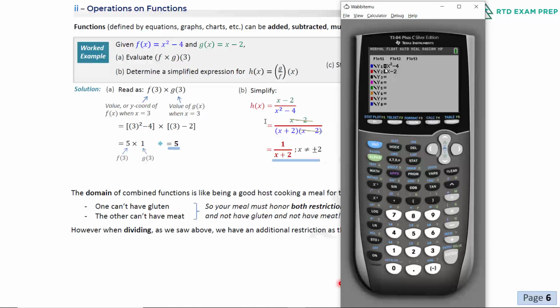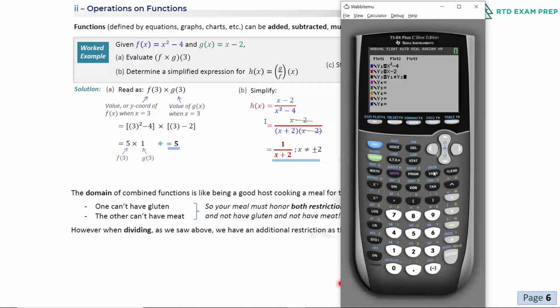which is y2. In order to refer to y1 and y2, I need to press this button right here that says vars. And in the variables menu, I move once to the right for y variables. And then if we press 1, we can refer to the functions y1, y2, and so on. So I will pick y1, and then I will ask it to multiply this by vars, y vars, enter, down to y2, enter.